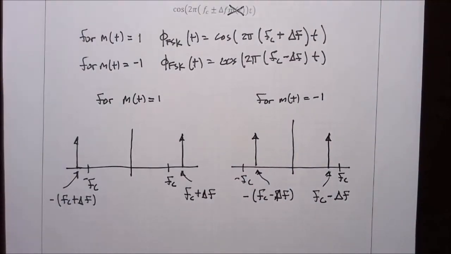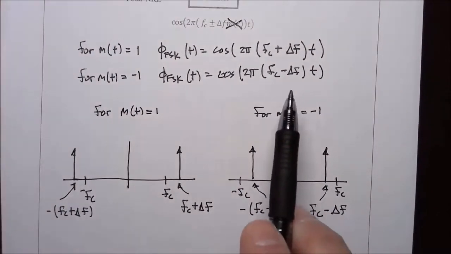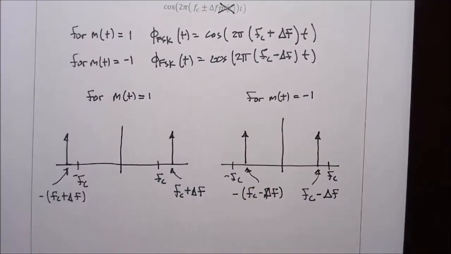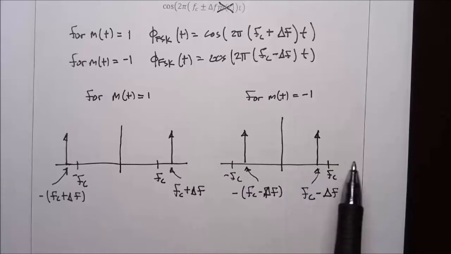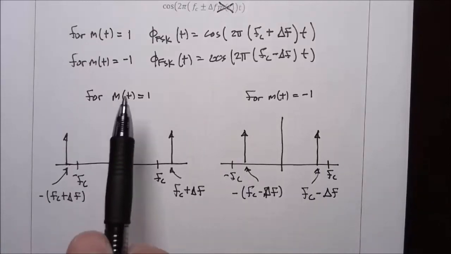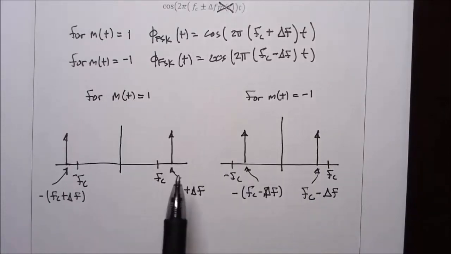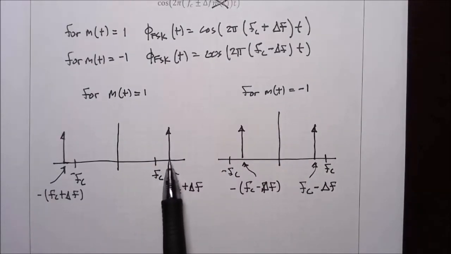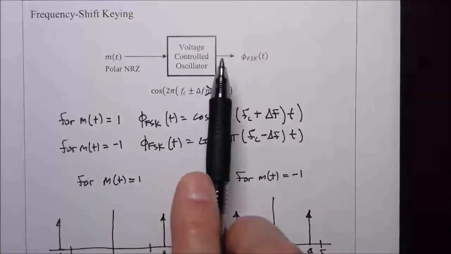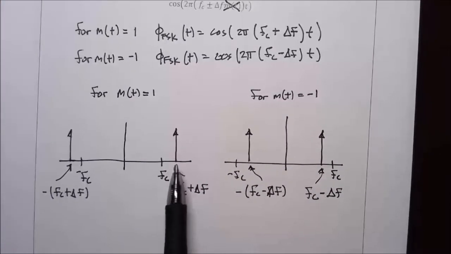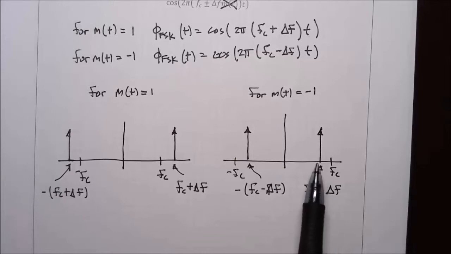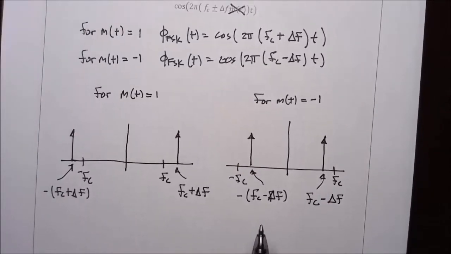Okay, so delta F is the frequency deviation, just as we spoke about with frequency modulated signals, and depending upon the value of the message signal, the modulated carrier is either at FC plus the frequency deviation, or it's at FC minus the frequency deviation.